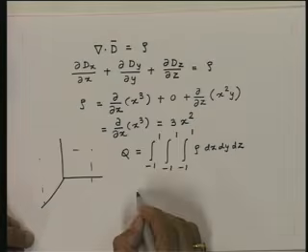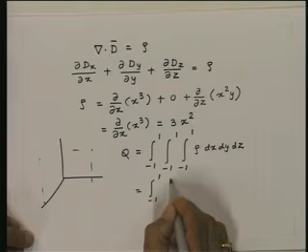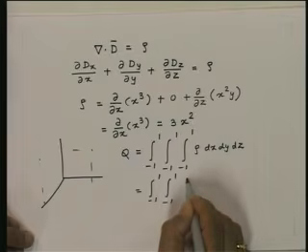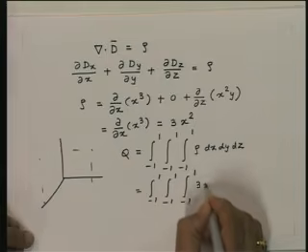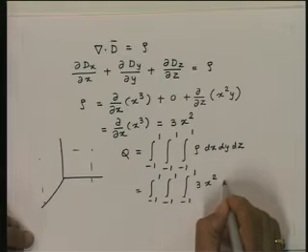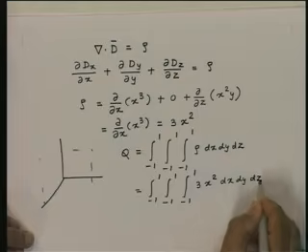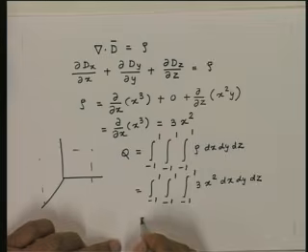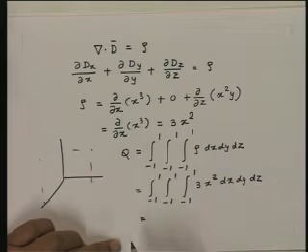Substituting for rho in this, that will be the integral from minus 1 to 1, minus 1 to 1, minus 1 to 1, of 3 x square dx dy dz, which we can write as: integration with respect to y will give me 2, with respect to z will give 2.